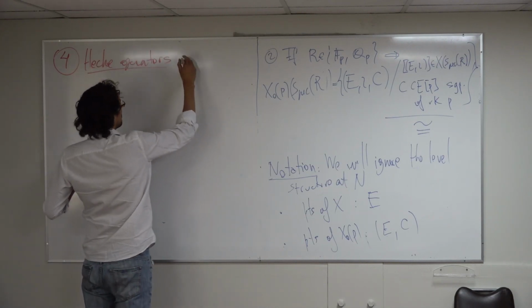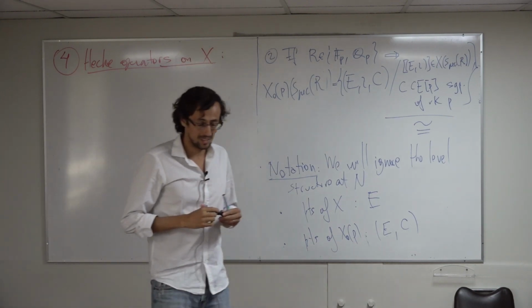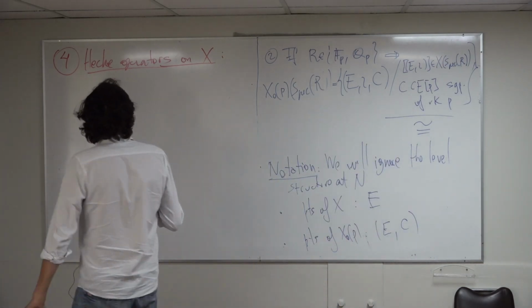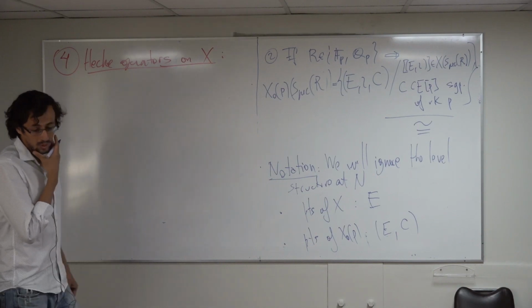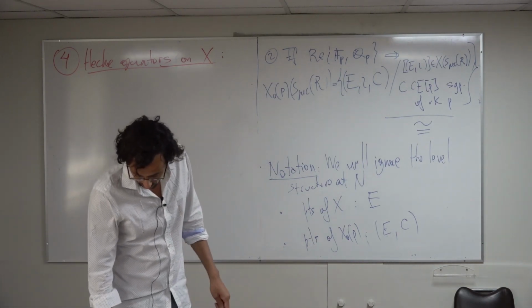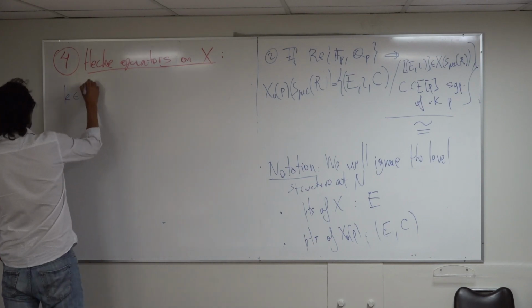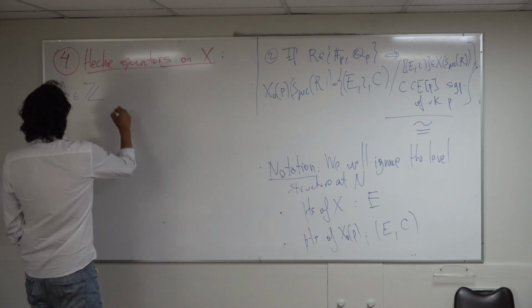Remember that the Hecke operators that we want to consider are over X, not over X_0(p), but we will use X_0(p) to produce them. So we fix some integer k.